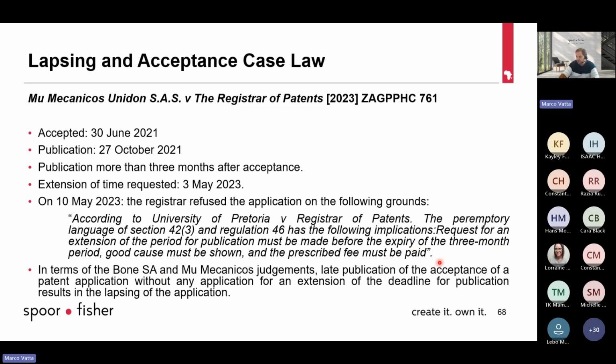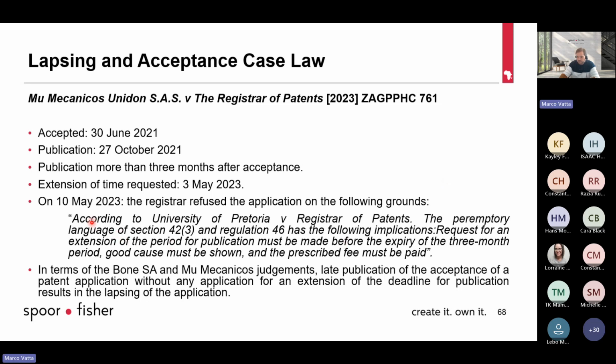Good cause must be shown and the prescribed fees paid. So they didn't comply with this requirement, and also the reasons that were provided by the previous agent, in my opinion, were rather weak. It was during the COVID pandemic that I don't think this application was diarised properly. But that's neither here nor there.